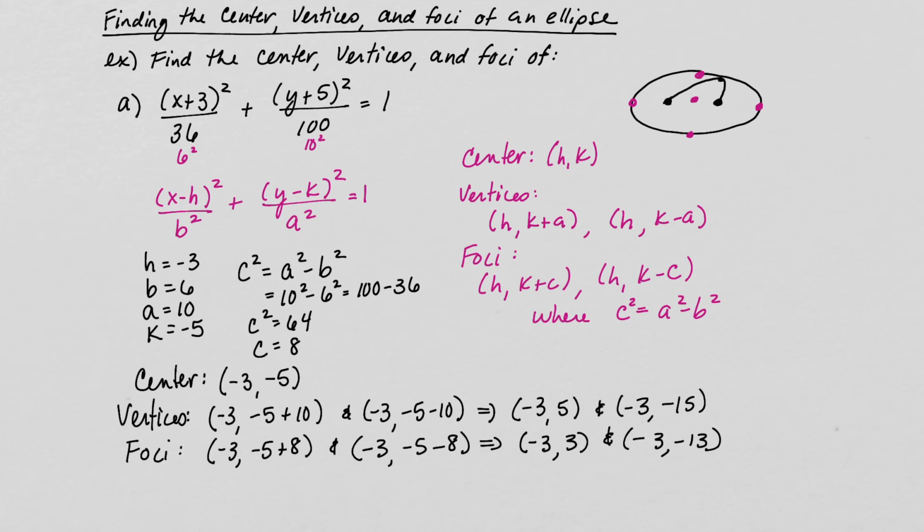And so we'll do another one here. It's (x minus 1) squared divided by 100 plus (y minus 2) squared divided by 64 equals 1. Again, the important thing is you want to look for the bigger number.